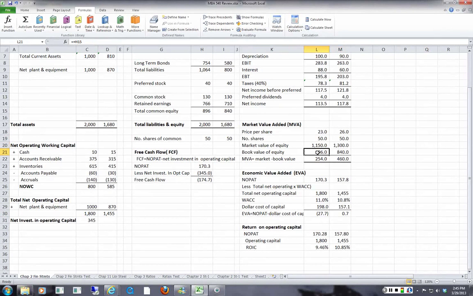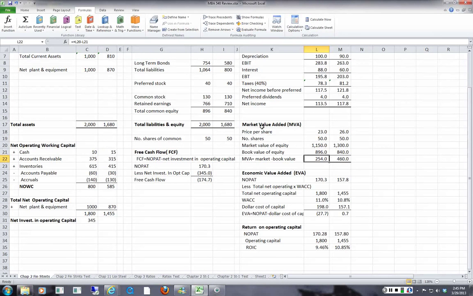And from that, we are going to deduct this total common equity of $896,000 and $840,000. So the market value added, MVA, you take the difference between the market value of equity minus the book value, which says market value added has increased by $254,000 in 2010 and $460,000 in 2009.